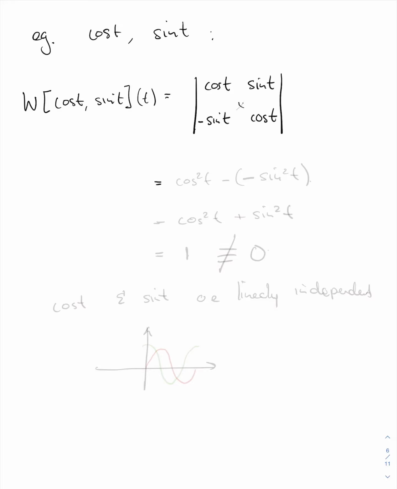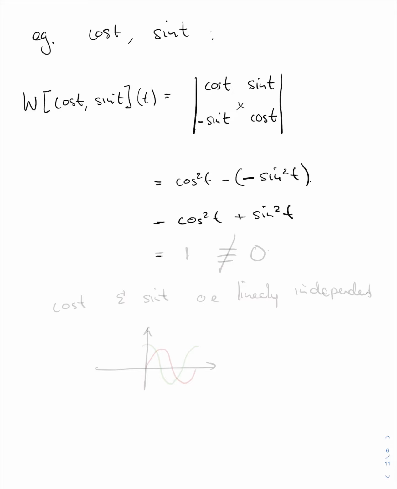This is going to be cosine squared t minus negative sine squared t, which is equal to cosine squared t plus sine squared t.